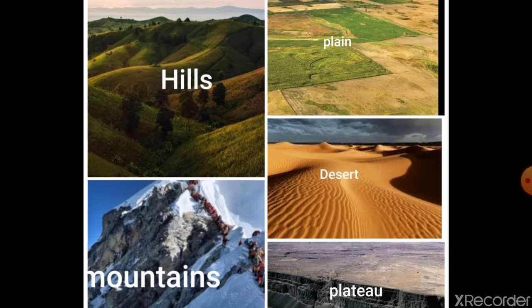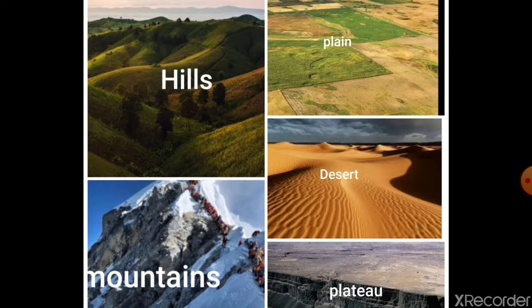A plain is flat land and gently slopes. Deserts are large, extremely dry areas of land. Yes, my dear students. Now you have seen coast, peninsula, bays and island are the other landforms.